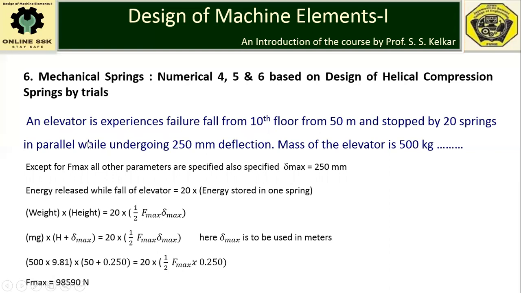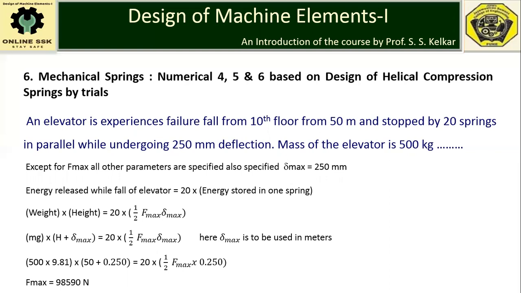While stopping it, those springs undergo 250 millimeter deflection. They have specified the mass of the elevator and the rest of the things. For this numerical also, all the parameters were specified except F max. So how to calculate F max, that we are going to discuss in this numerical.